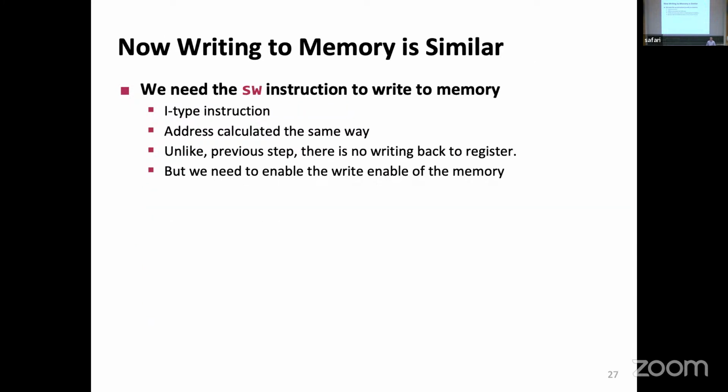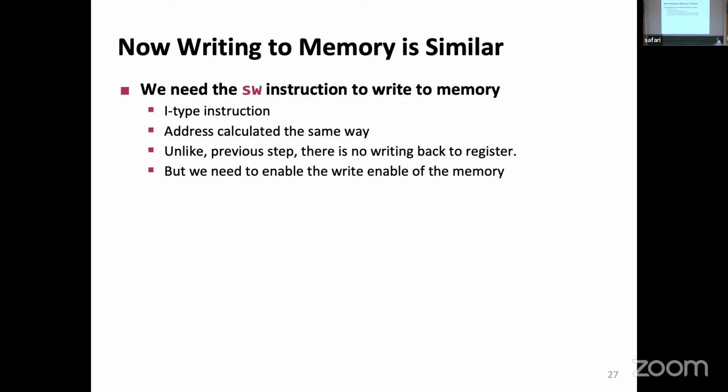Writing to the memory is similar. But in this case, when you have a store word, we still calculate the address the same way, but this time, this address is not the one that shows where the data will be written. This is the source, and this value will be copied into the data memory.